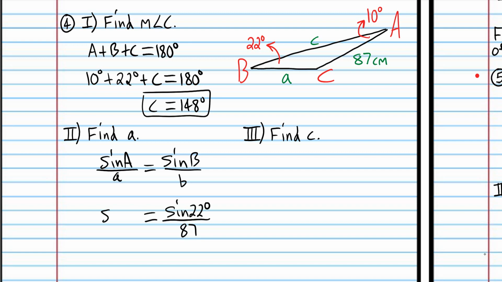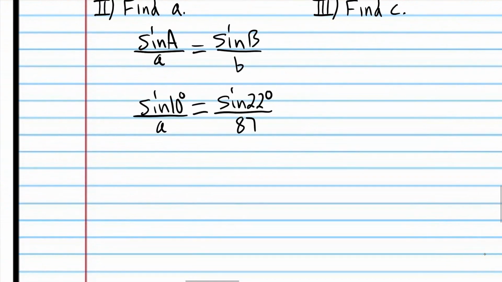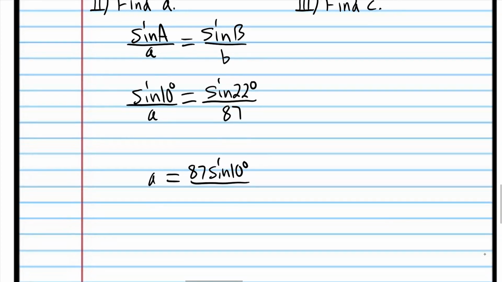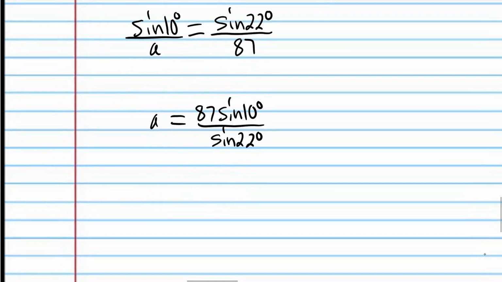Now we know sine A is sine 10 degrees, and we're looking for A. So if we solve this equation in our head, we get 87 times sine 10 degrees over sine 22 degrees.